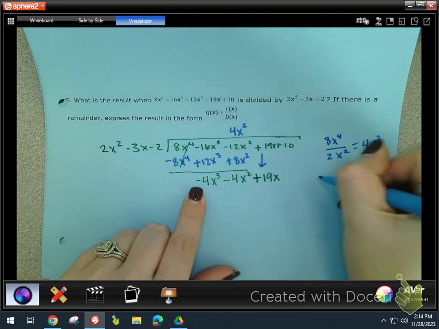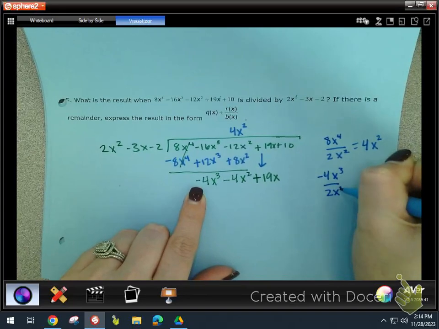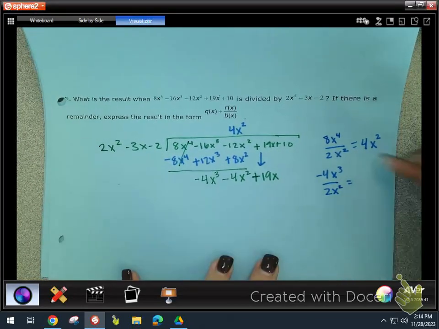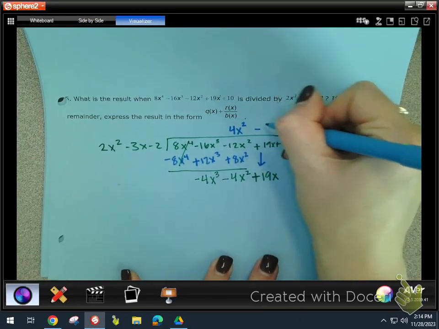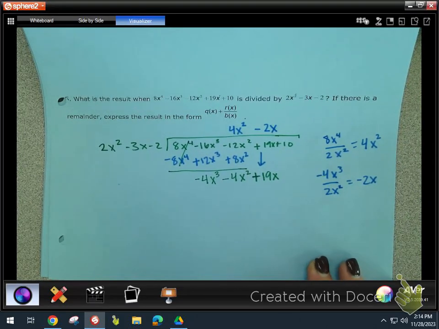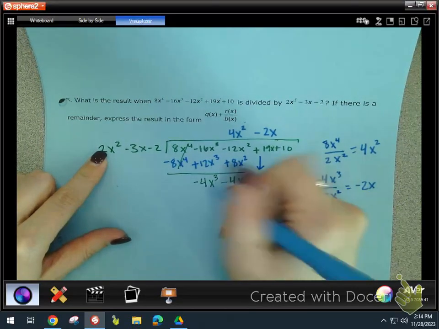And then start over. Negative 4x to the third divided by 2x squared. Watch the sign here. What is that? Negative 2x. Especially when that number on the top is negative, you really got to watch your signs. Negative 4x cubed, right?